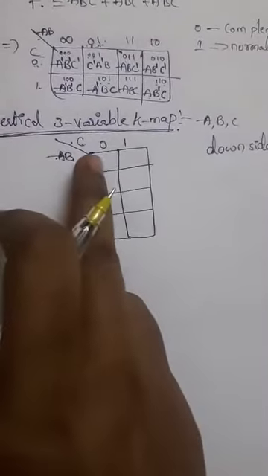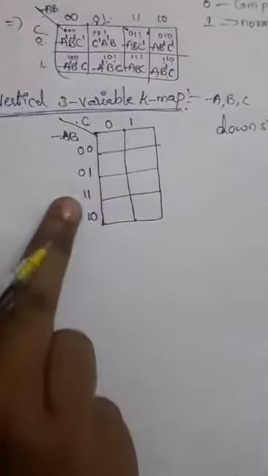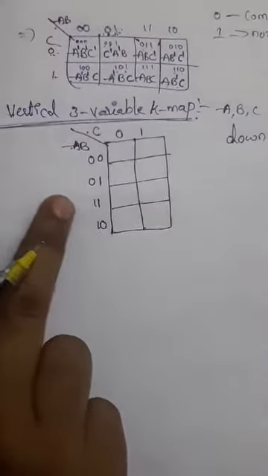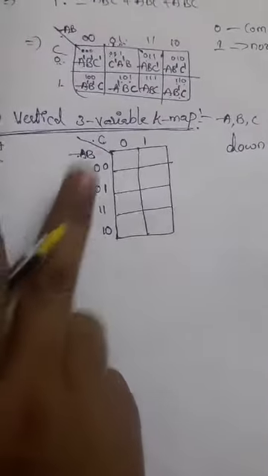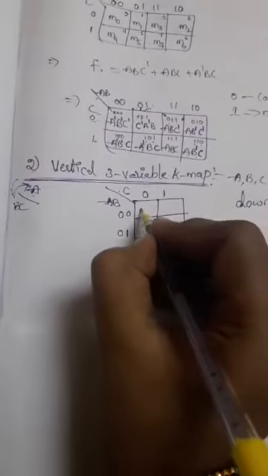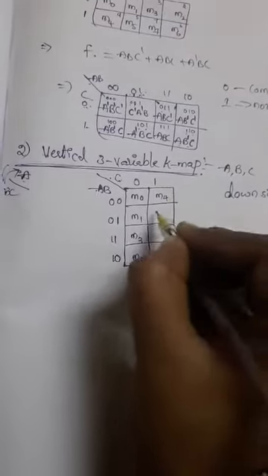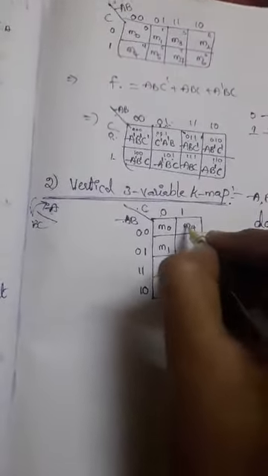Here also we have a total of 8 cells now. For the 3 variables, the combinations will be 000, 001, 011, 010, and so on. You need to skip 10 to the last step. So C has 0 and 1. How to represent minterms?